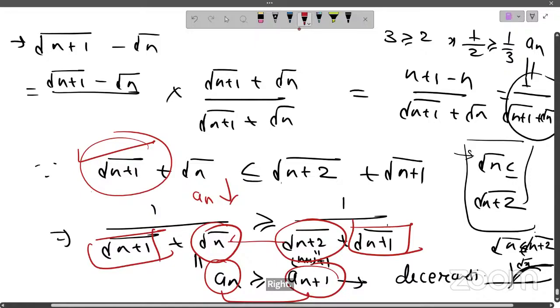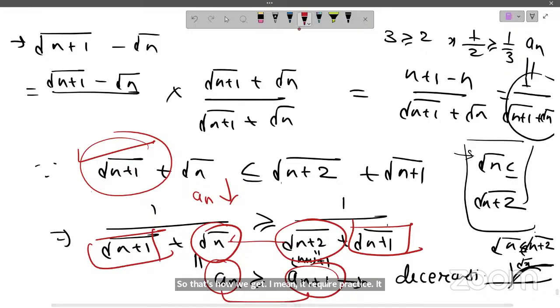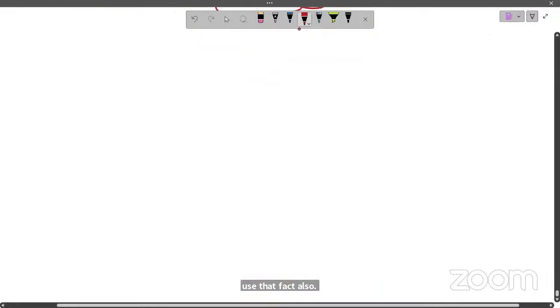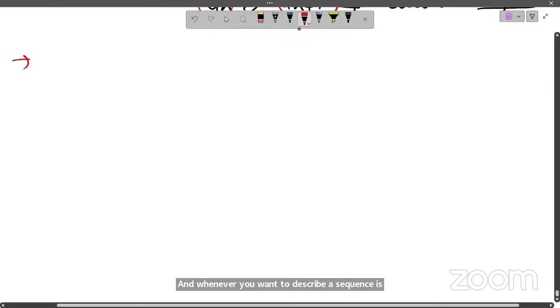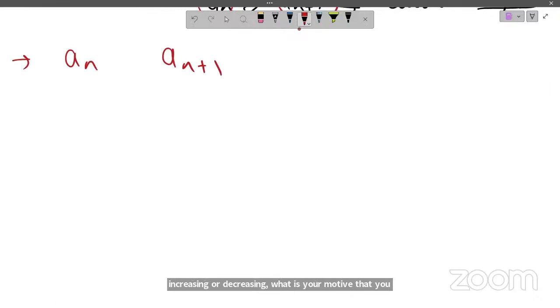I mean, it requires practice. It won't click instantly, but this is trivial. You can use that fact also. Whenever you want to describe whether a sequence is increasing or decreasing, what is your motive? That you want to find a relation between an and an plus 1, whether it is greater than or equal to 0, or less than or equal to 0, or none of them, right?